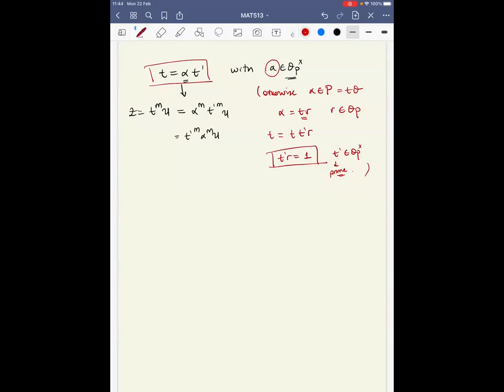But since alpha is a unit, alpha to the m is a unit, and here u was also chosen as a unit, and this shows that whatever prime element we choose, this v_P of z is independent of the choice, because in both representations, the power of the prime element should be m.